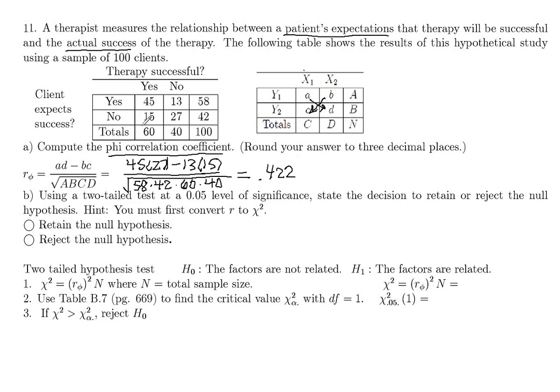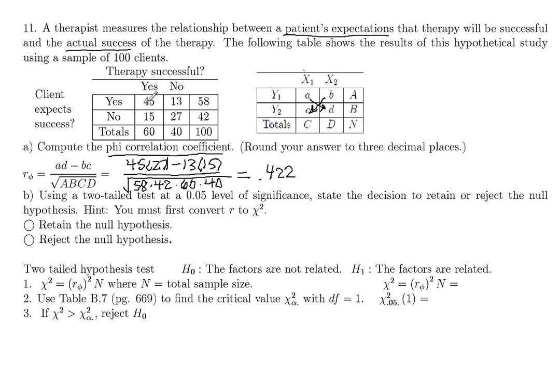If you just look at this data for a second, if the client expects yes, that the therapy will work, 45 there, and then does the therapy actually work up here? That's 45. So 45 expected it'll work and it actually works. But down here, on the no for expectations, 15 expected it not to work, but it actually worked.